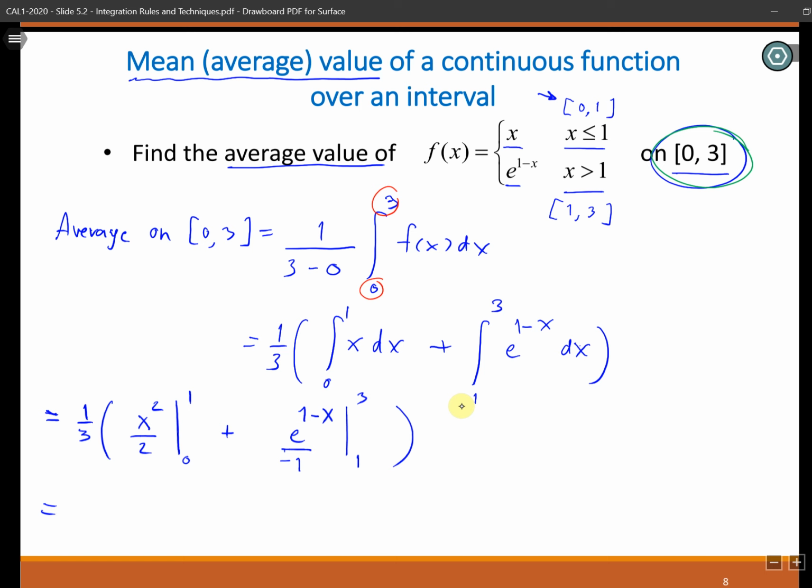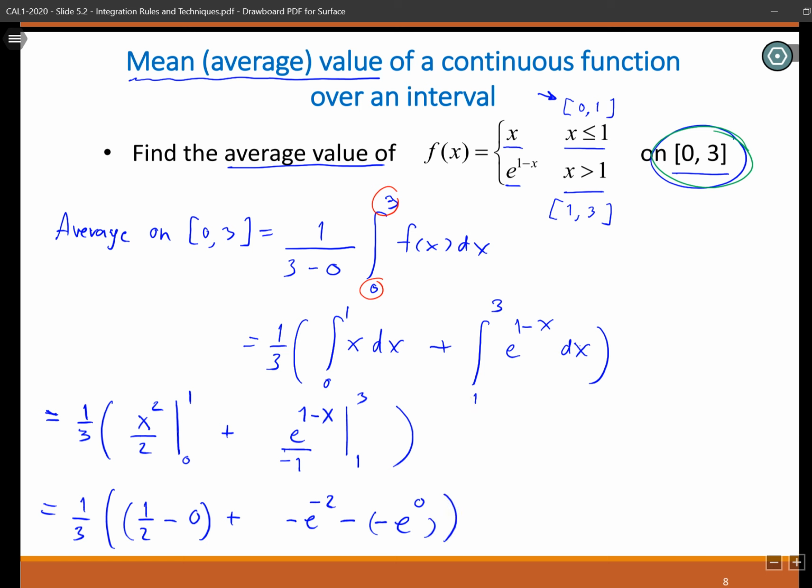So here I have 1 over 3. Here I have 1 over 2 minus 0 for the first range. Then for the other, 3 goes in, this becomes minus e to the power of minus 2, minus, now 1 goes in, it becomes e to the power of 0 with minus in front.